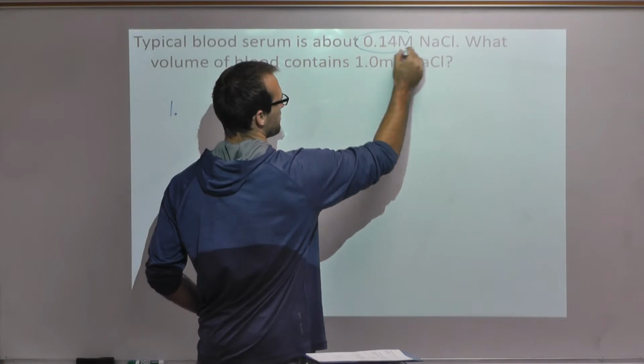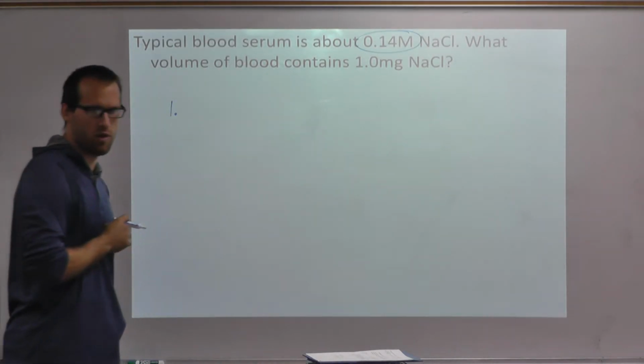Well, there's really only one way. Well, there's probably another way, I don't know. I'm going to first start to identify, because I know that this is moles per liter, right? And I want what unit in the end? Liters.